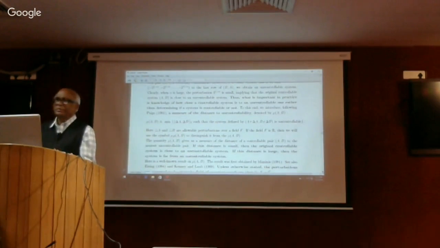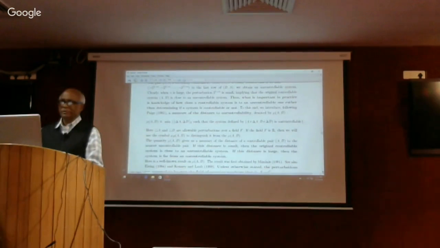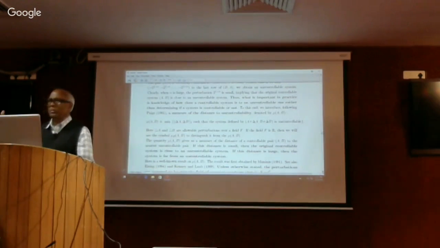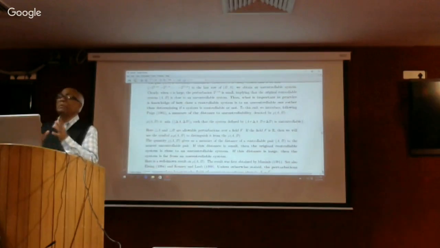It's a logical definition, right? You have a controllable system, put some perturbation, and you have to see whether the perturbed system is uncontrollable. I can make a large perturbation, you can make a small perturbation. So I have to talk about the minimum perturbation that will make this system uncontrollable. And that is a number.